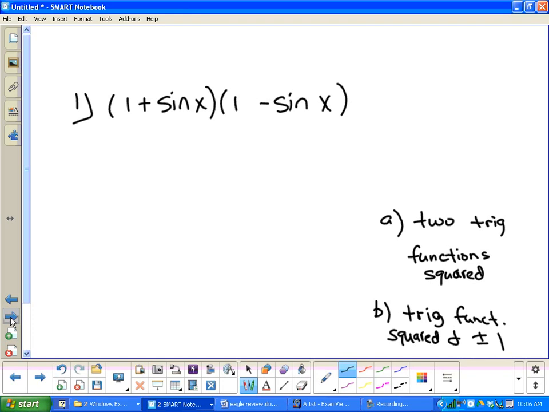Okay, so we can just do first and last because they're conjugates. And think about what's going to happen when you multiply the sine times the sine. There goes your square right there. Okay. Now, first, that's going to give us 1. And now last, and when you multiply conjugates, you always get minus. Okay. And so it'll be minus sine squared, right?